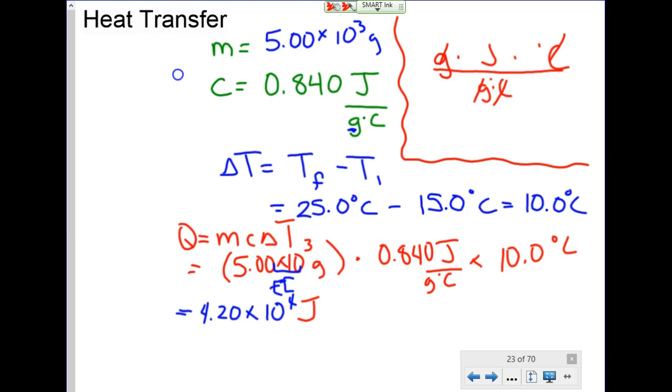Let's try question number 2. This is a really good example of where you're going to have to add a negative sign because it's not going to be immediately apparent as to where that negative comes from.